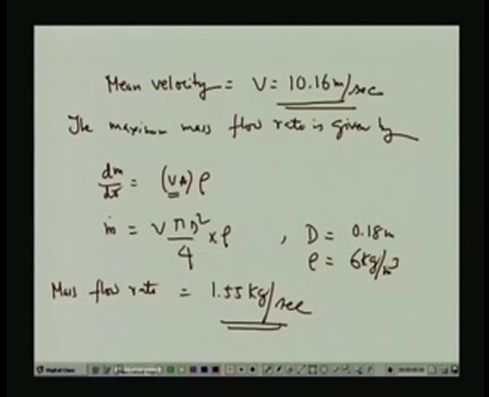Now we have to find the Reynolds number. Let us take a new page. The Reynolds number is given by Re equal to rho V d by eta, where eta is the viscosity.